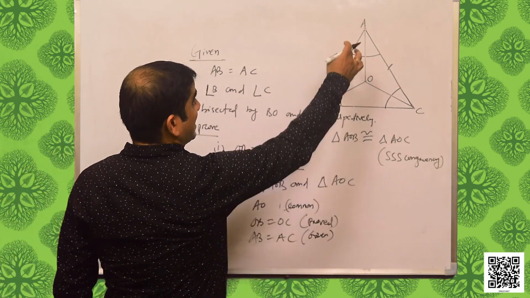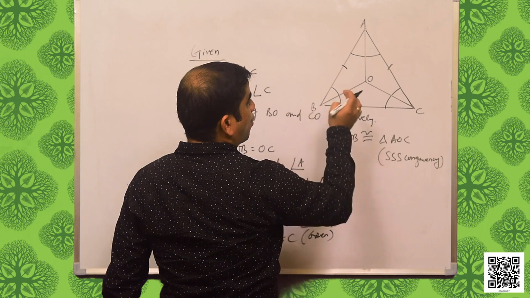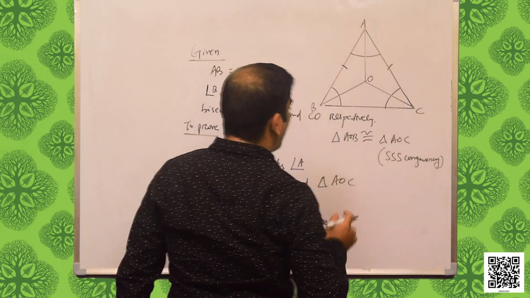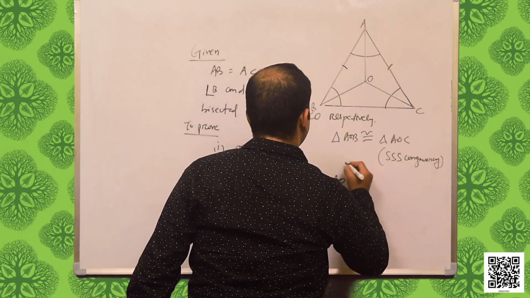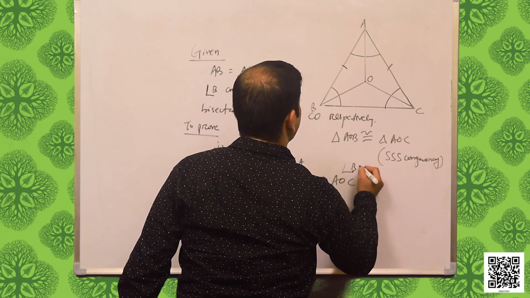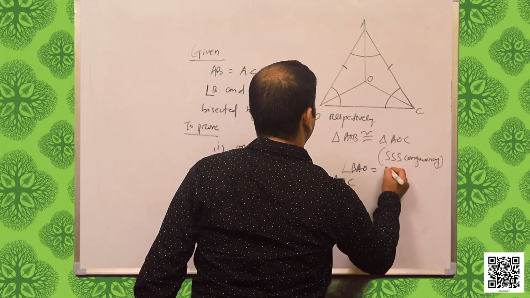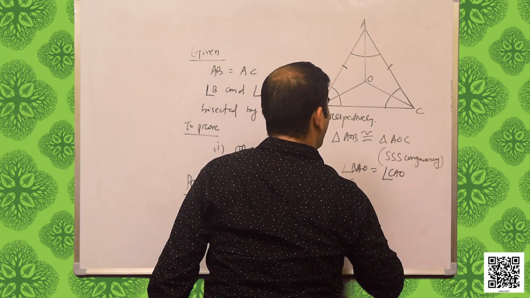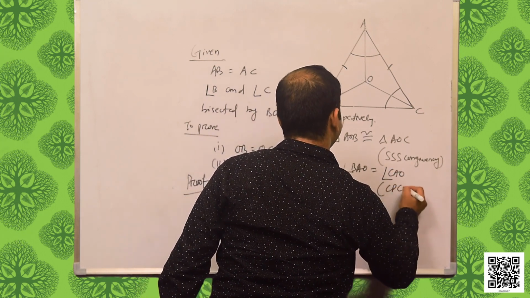Now as triangles AOB and AOC are congruent, hence angle BAO is equal to angle CAO, by CPCT.